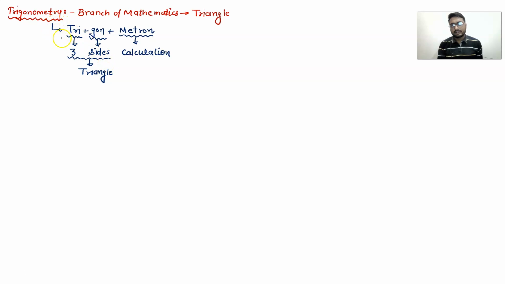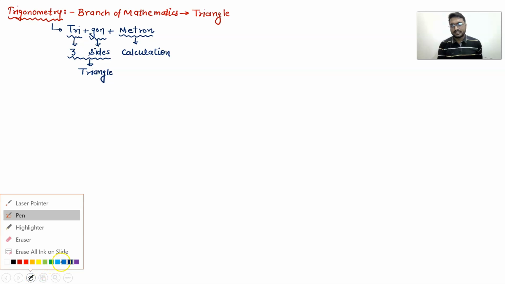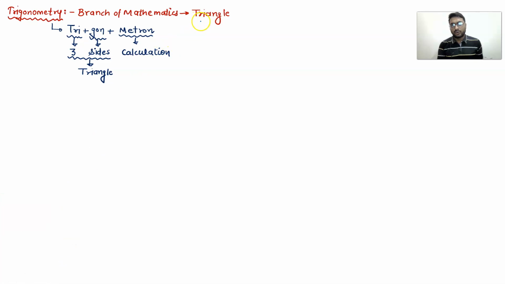Now, which type of triangles can it hold? Basically, trigonometry can hold each and every triangle, but according to our CBSE 10th syllabus, there is only the triangle known as a right angle triangle.